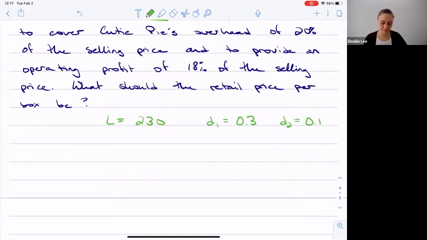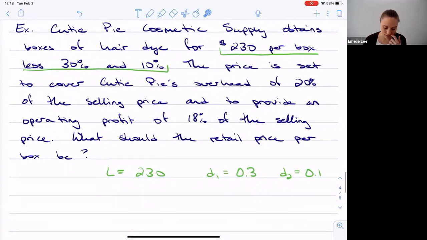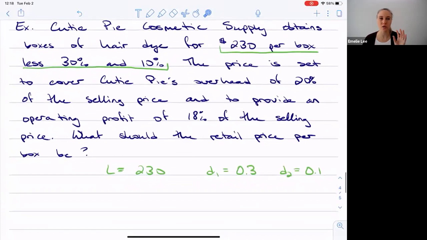From here, it's pretty obvious that we can solve for N, which is the net cost to Cutie Pie, the cost to acquire this thing. So we can use that to solve for the cost. Armed with that, I'm able to solve for the cost, that's great.